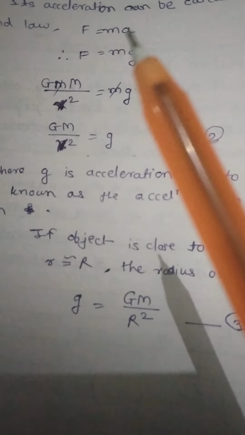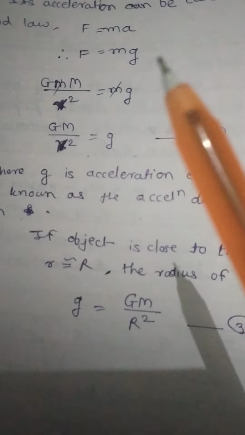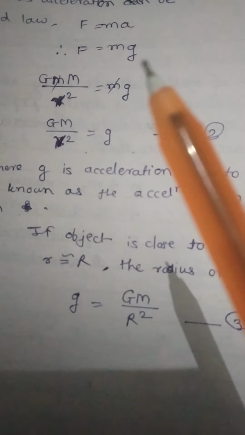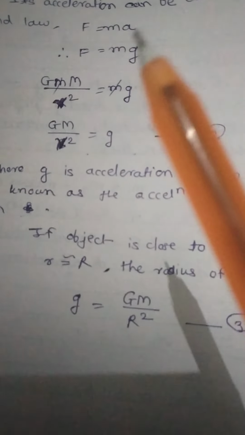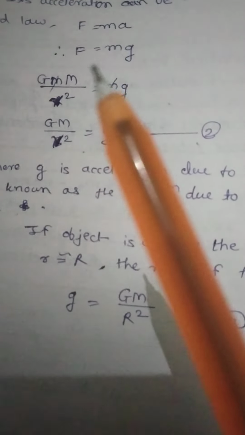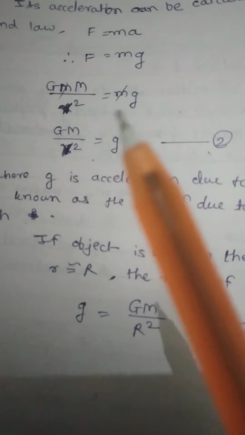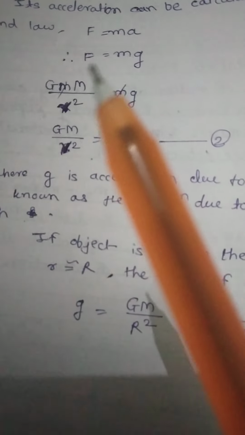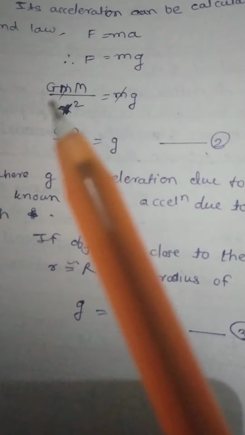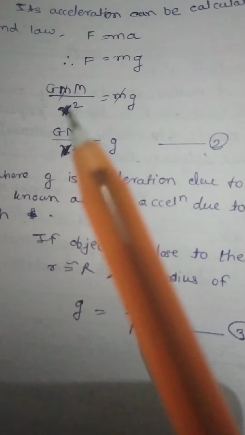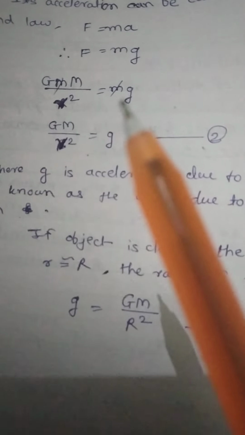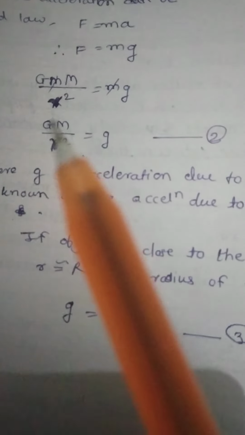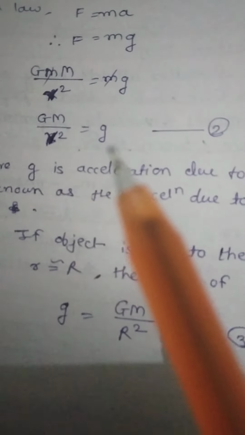So here a and g are the same: g is written for the earth and a for normal acceleration. Therefore F is equal to mg. Note the formula for force, G M m upon r square, is equal to m into g. So small m cancels out and we get the equation GM/r² is equal to g.